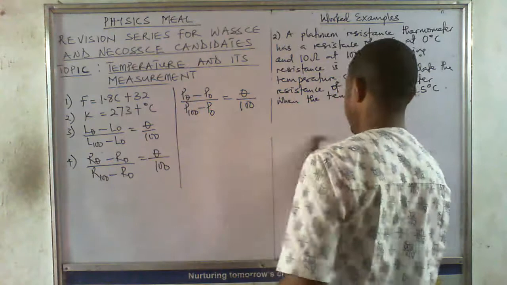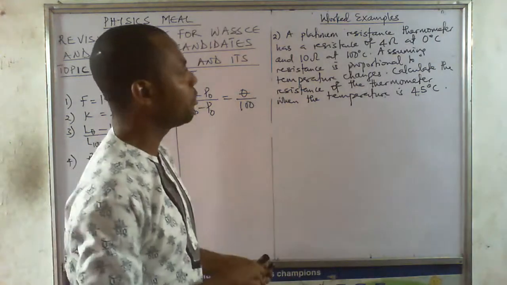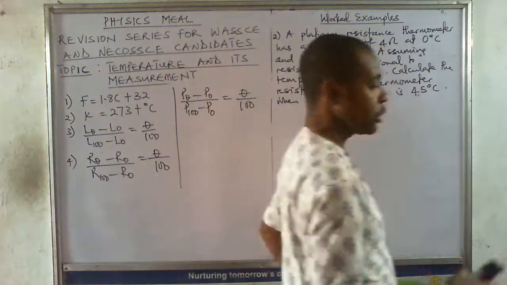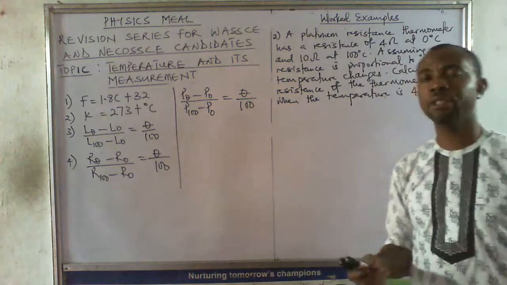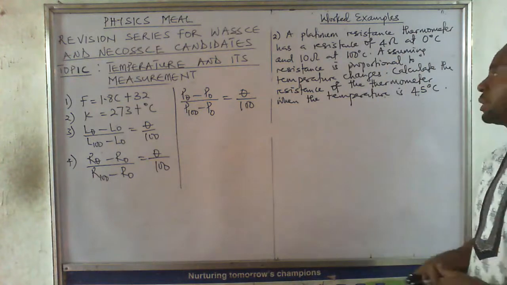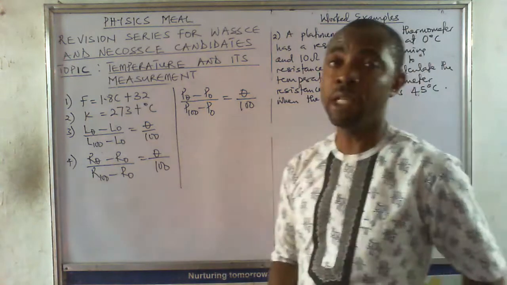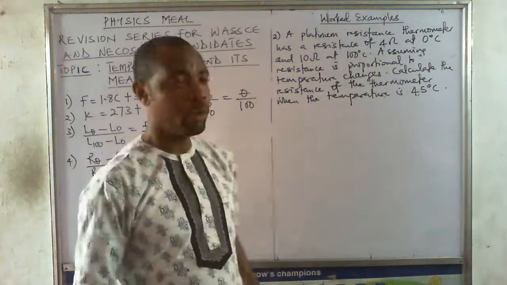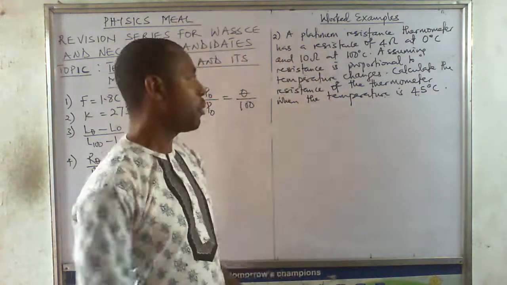Okay, let's go. Now this is the case of a resistance thermometer, a platinum resistance thermometer. We talked about the resistance thermometer, the constant gas volume thermometer, and we also mentioned the liquid in glass thermometer. The first example was actually a case of a liquid in glass thermometer because we were considering the length of the liquid column. Here we are now considering the resistance of a wire.